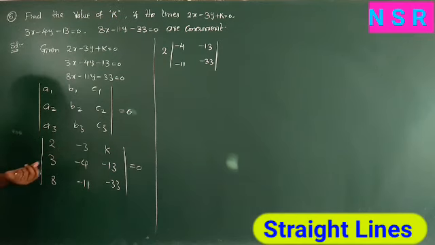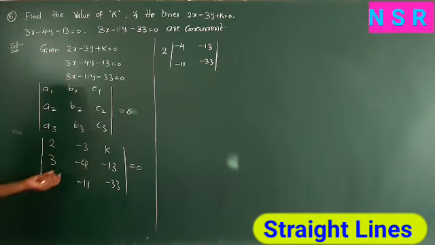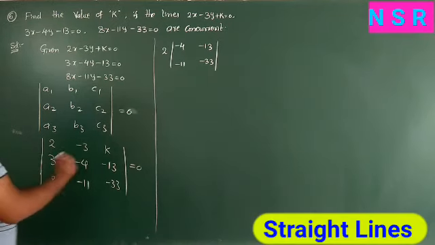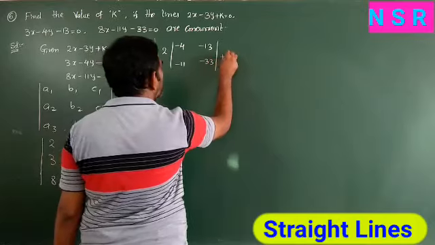For the second element the sign is minus, so first one plus, second one multiplied with minus, and third one again plus. So minus into minus is plus. Why it gets plus, you can learn in Matrices 1A. So here minus 3 is there, write here plus 3.